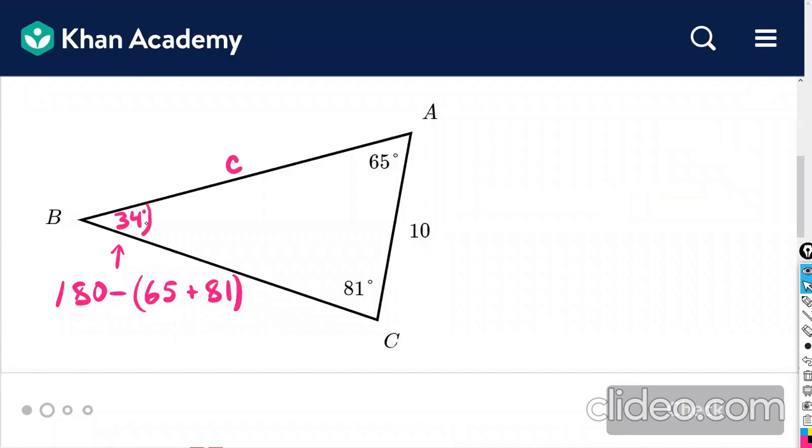Okay, so I get 34 degrees for the missing angle. So we're going to be working with angle B and angle C.